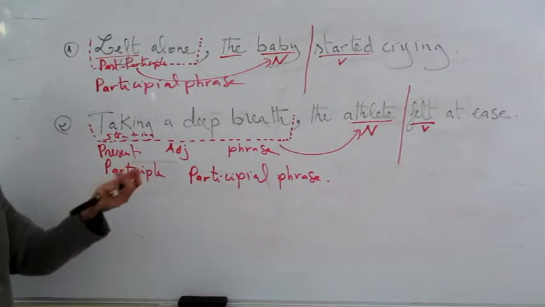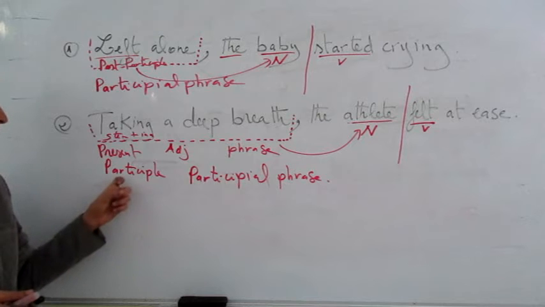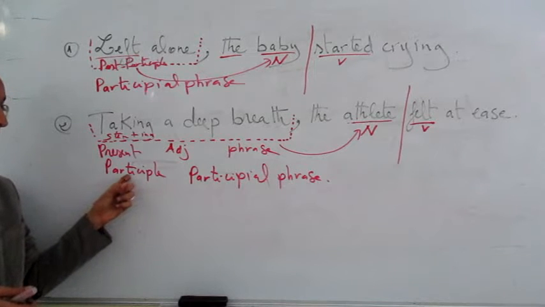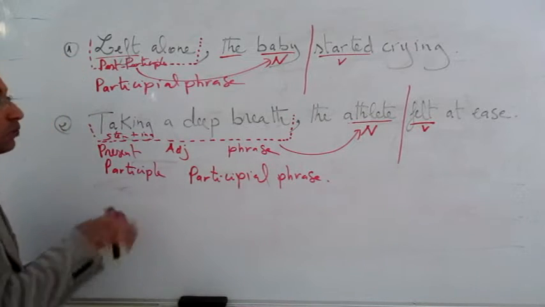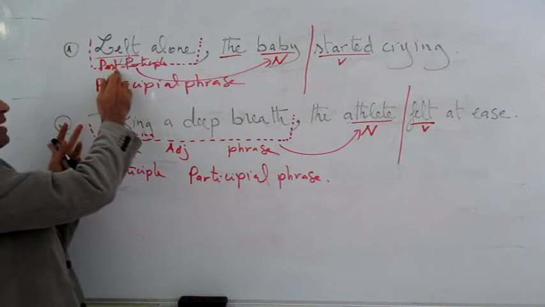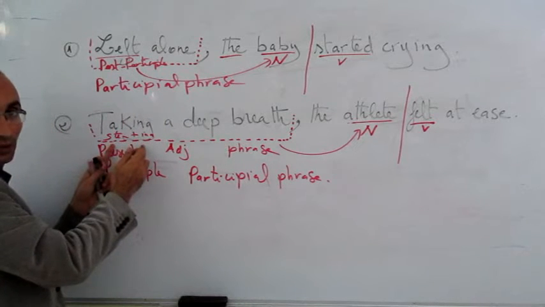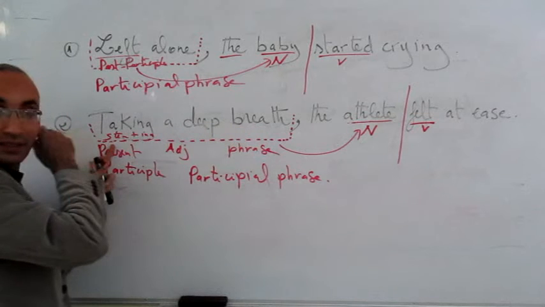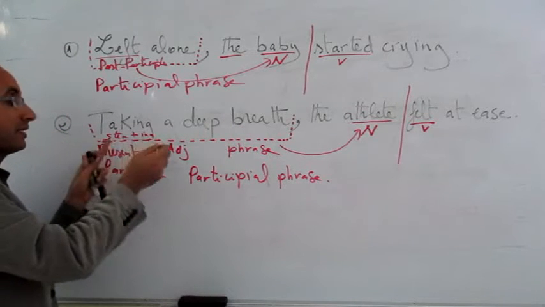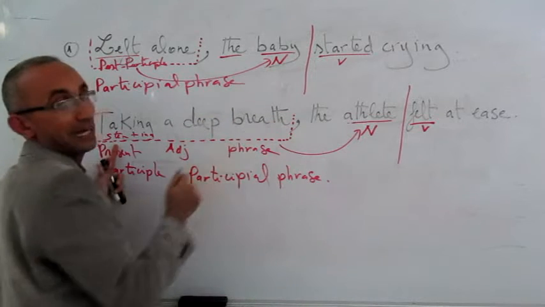Now, as you see, our second type of phrases is called the participial phrase: a group of words which starts either with a past participle or present participle, to modify a noun coming before it, and to act as an adjective for this noun.